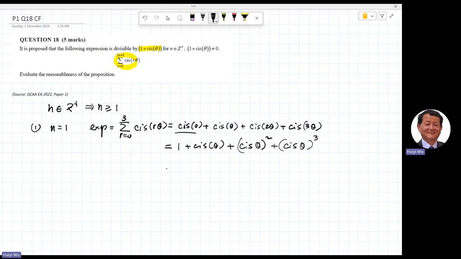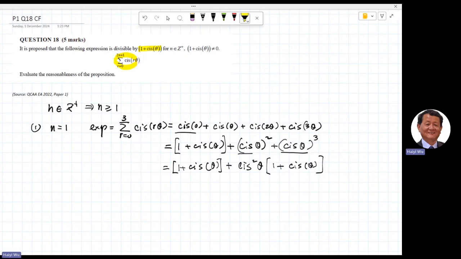So now we're going to keep going. I'll put these two together as 1 plus cis theta in a bracket, and plus cis theta squared times 1 plus cis theta.